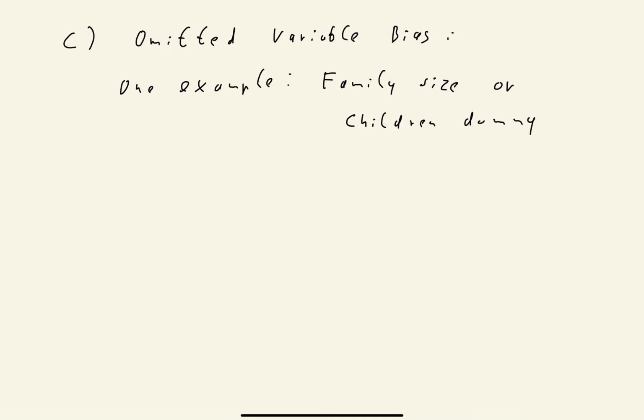Those two things would be variables which you are able to measure: the family size, and whether a family has children or not. So the two are quite related. I think children is a nicer example.